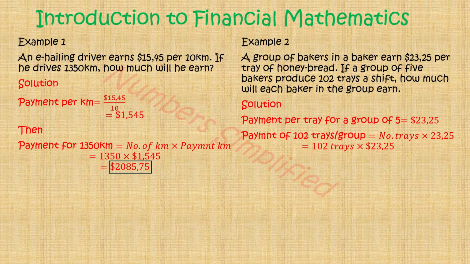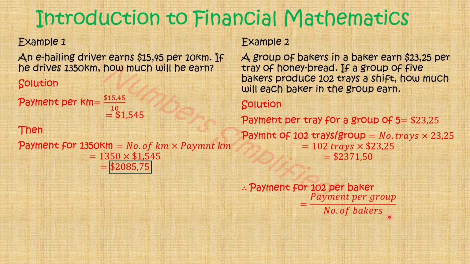We are going to get this amount, $2,371.50. Now, therefore, the payment per baker is going to be the payment per group divided by the number of bakers. So now we know that the payment per group is $2,371.50. And that being divided by the number of bakers, which is 5. So dividing that, we are going to get $474.30 per baker.